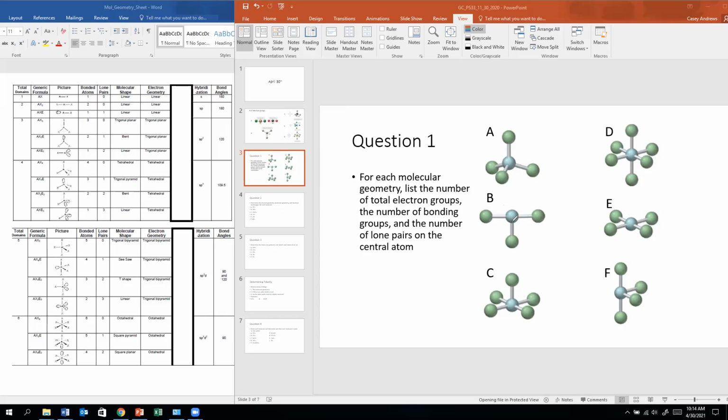So the way to really know that a lone pair is there is that the atoms are kind of unnaturally close. What I mean by that is that atoms that are in bonds want to be equally spaced from each other, right?